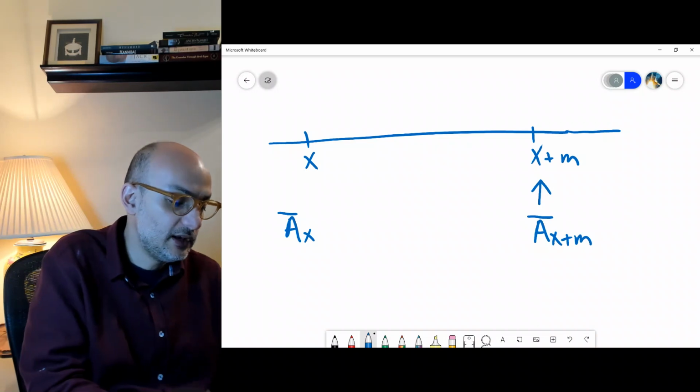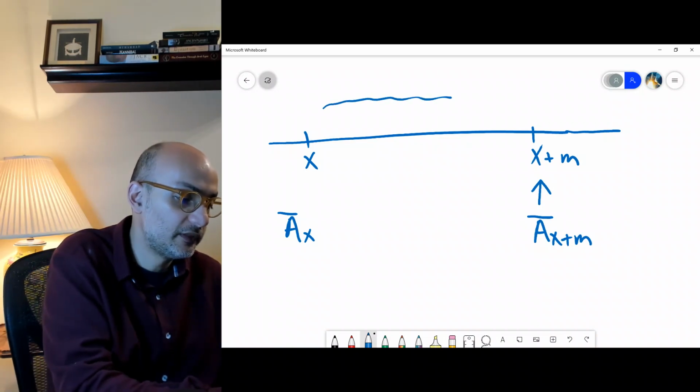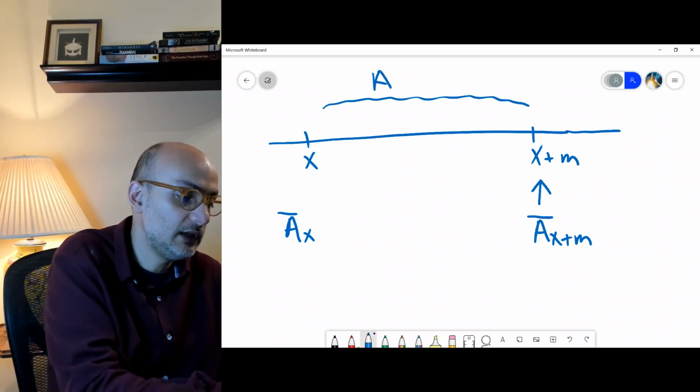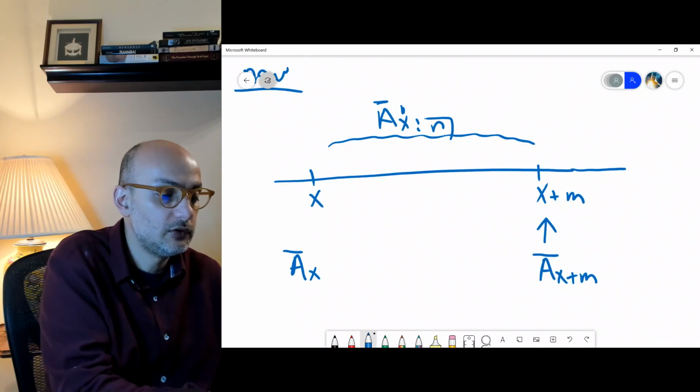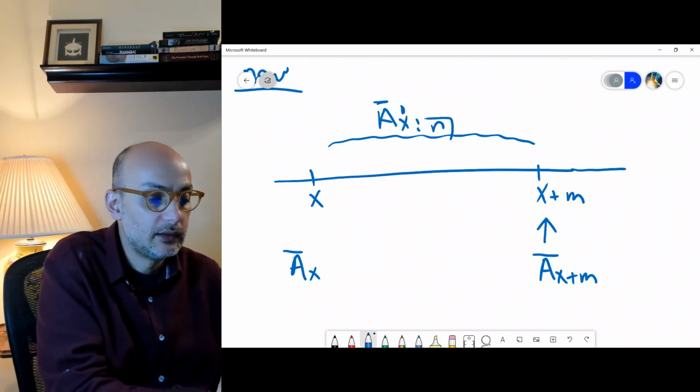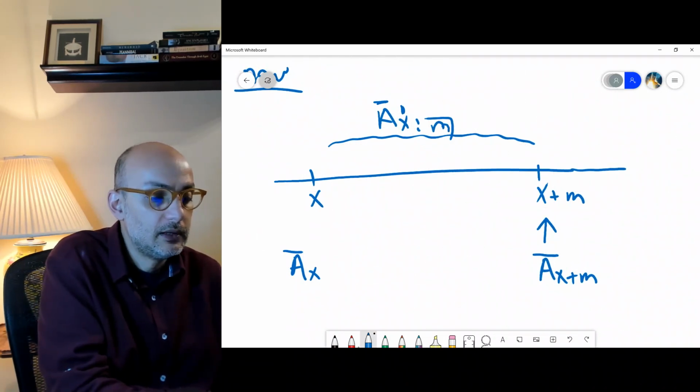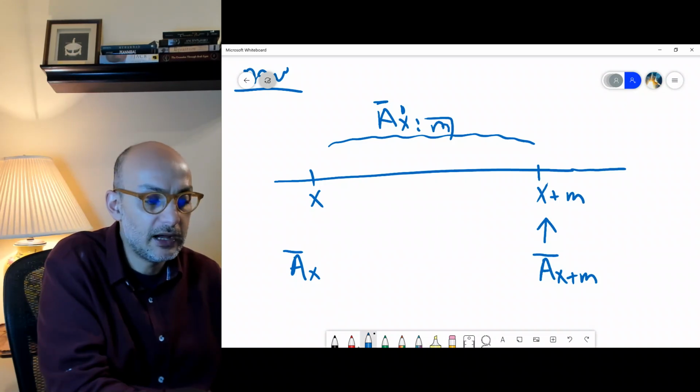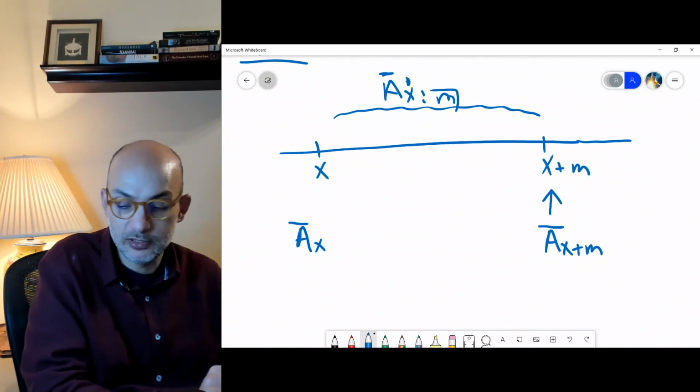And imagine now if you compute for this period, you compute A bar x:m for term m. This is for m years. For term m, if the life dies within these m years, you will receive $1, and this bar tells us at moment of death. How can we relate these three together?